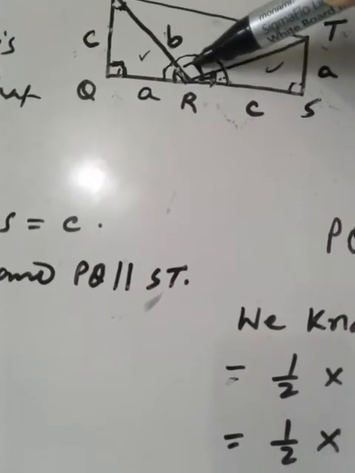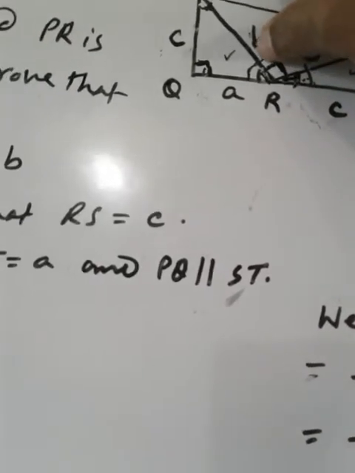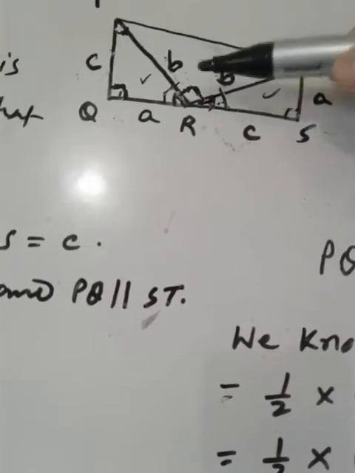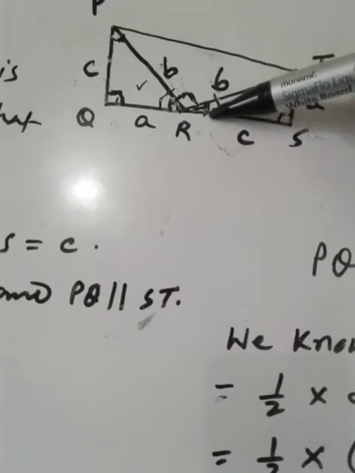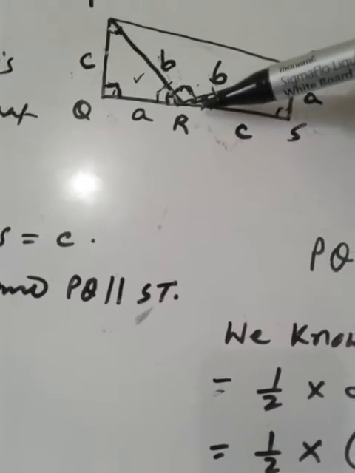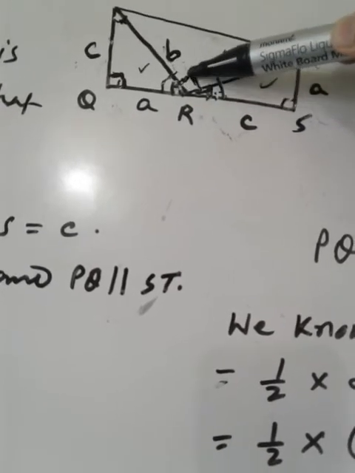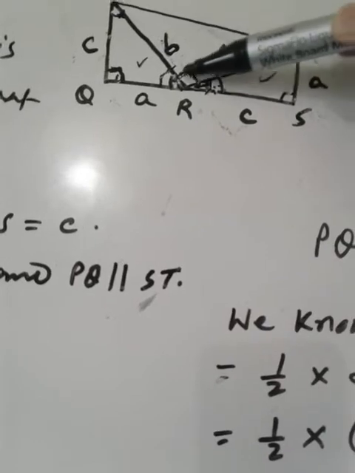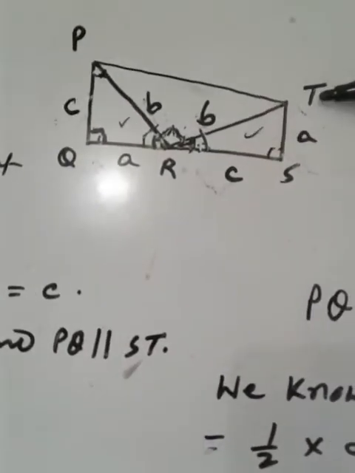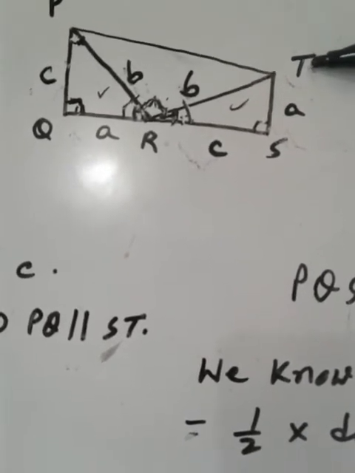So this angle is 180 minus 90, which is 90 degrees. So if this is 90 degrees, we can say triangle PRT is also a right angle triangle.